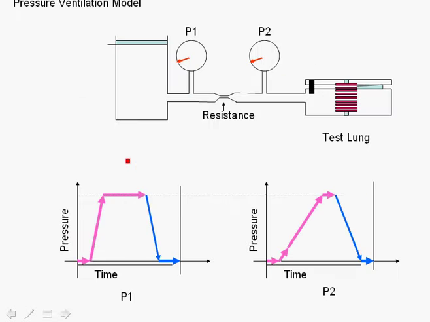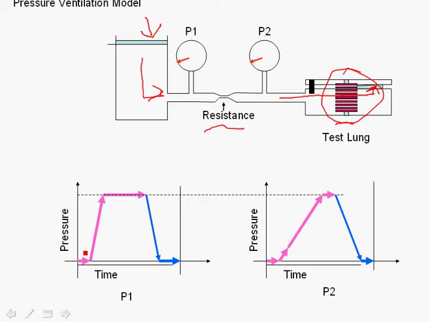Okay, so let me just recap. Using our pressure ventilation model, where we adjust the driving pressure of the ventilator that forces air or any medical gas past the resistance into the test lung, what occurs? What are the effects of resistance? What are the effects of altering the compliance or the distensibility of the lung itself?